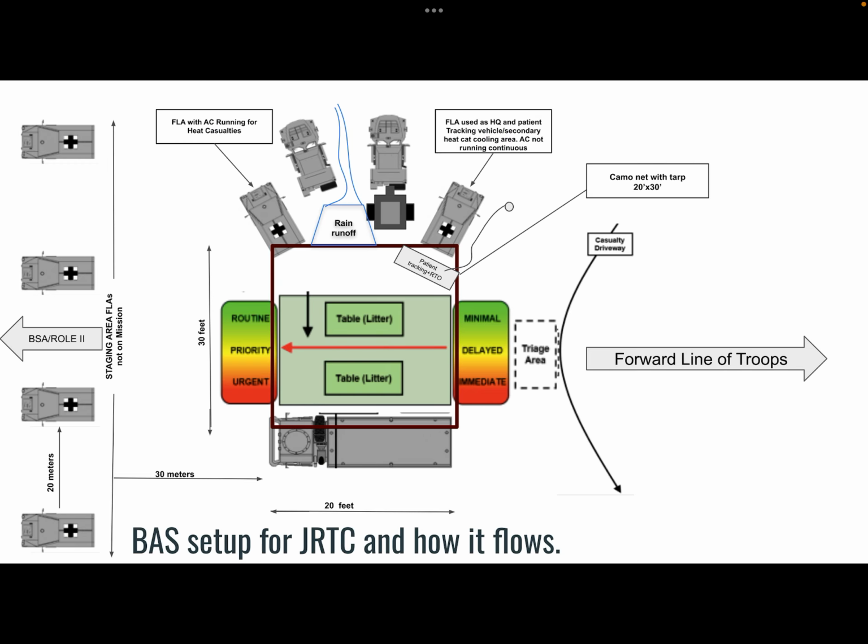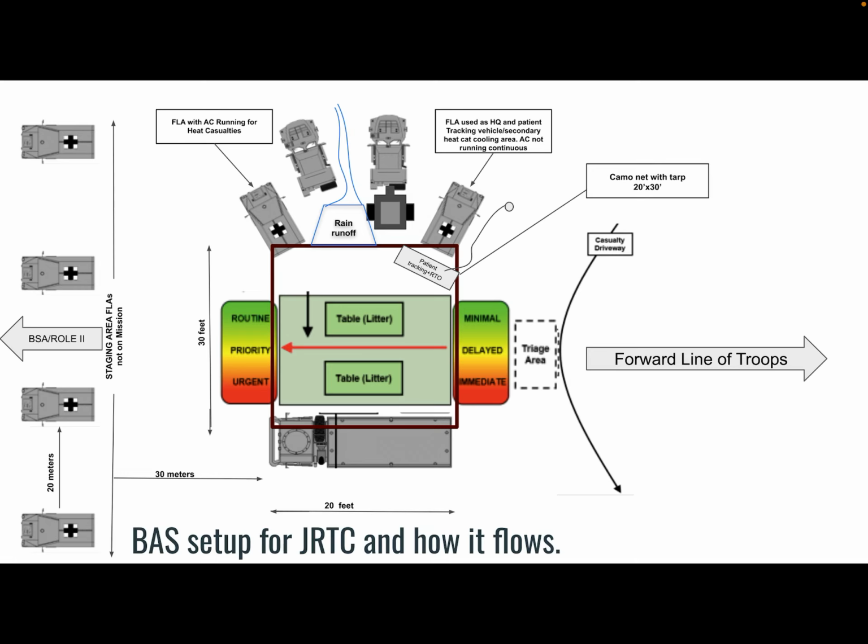All right, I just wanted to go over this quick so you can see. If you look on the right-hand side, the forward line of troops is to the right, and then the Role 2 is to the left. This is the basic setup we're going to be operating with at JRTC. If you do end up bringing patients in with a CASEVAC vehicle, there's going to be a single direction of travel.